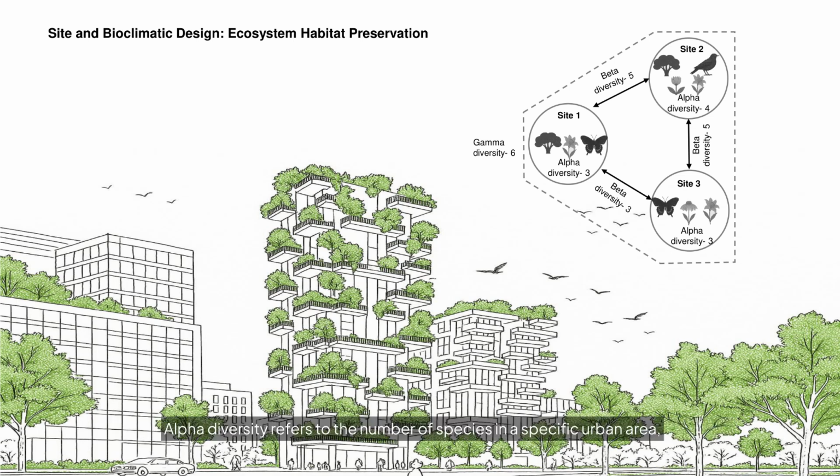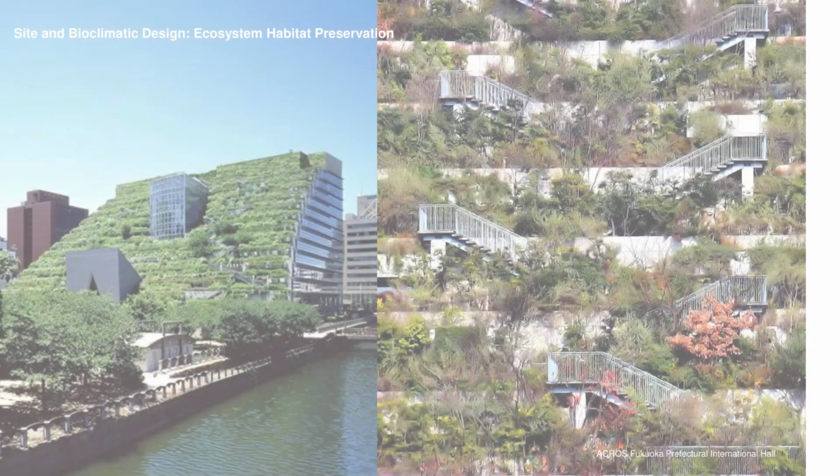Alpha diversity refers to the number of species in a specific urban area, which is essentially the species richness at one site. Beta diversity compares differences of unique species in one site in relation to other sites. Gamma diversity is the overall species diversity in a region, encompassing all the sites together.